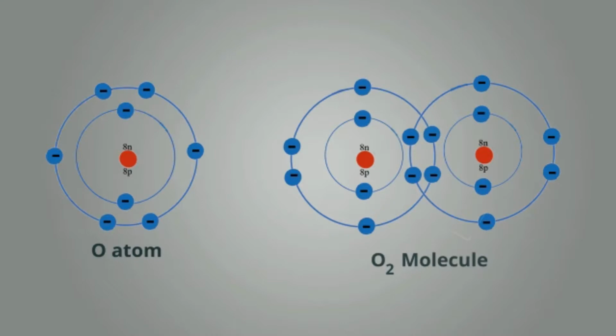Now we can see that both oxygen atoms have 8 electrons in the outermost shell as 2 pairs of shared electrons, that is 4 electrons, belong to both the atoms. Thus, oxygen attains stable octet configuration. Since 2 pairs of electrons are shared, there are 2 bonds between the oxygen atoms.